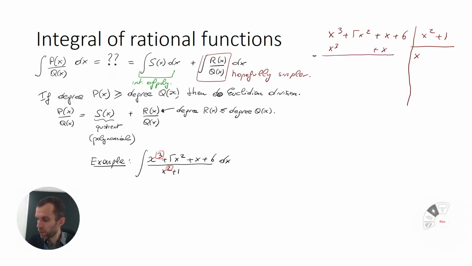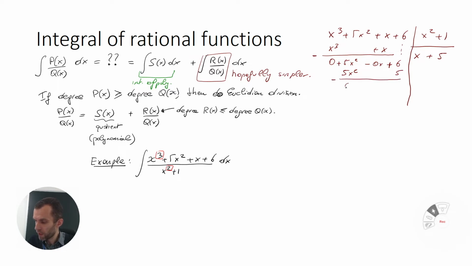And now I have to subtract those two things, so I get 0, 5x squared minus 0 times x, and then I lower the 6, plus 6. And now 5x squared divided by x squared, that gives me a 5. And then multiply back, so 5x squared, 5 times 1, that's 5. Nothing in x.